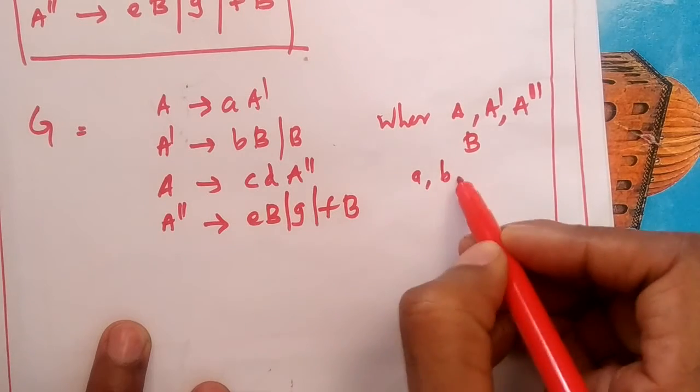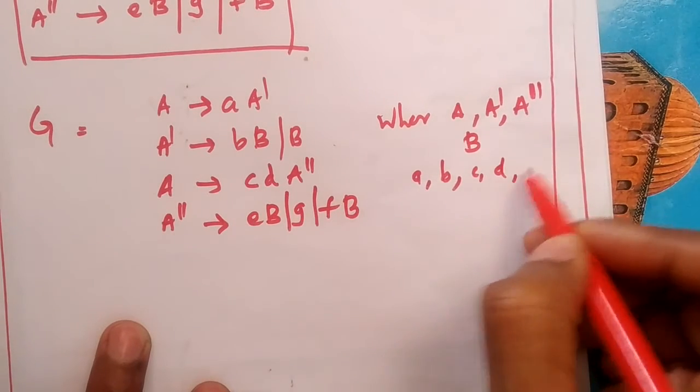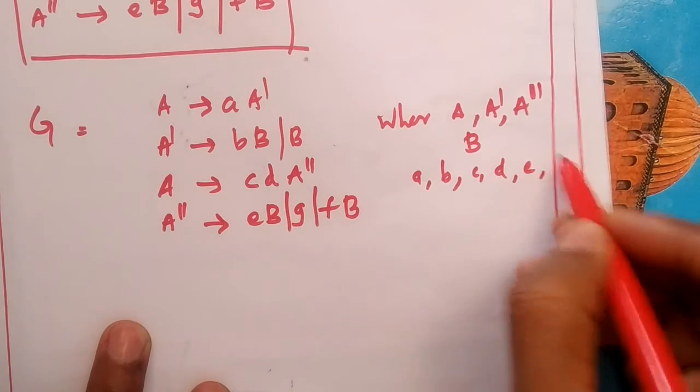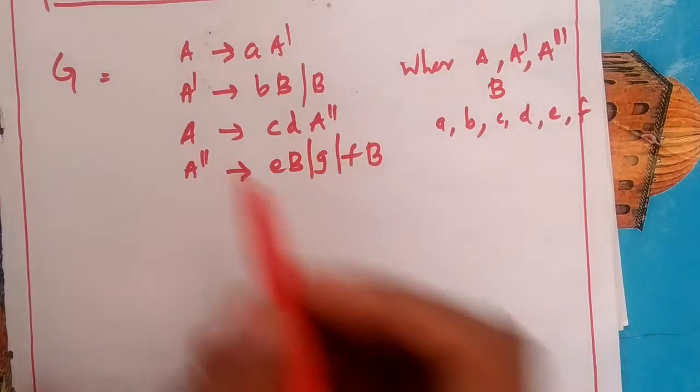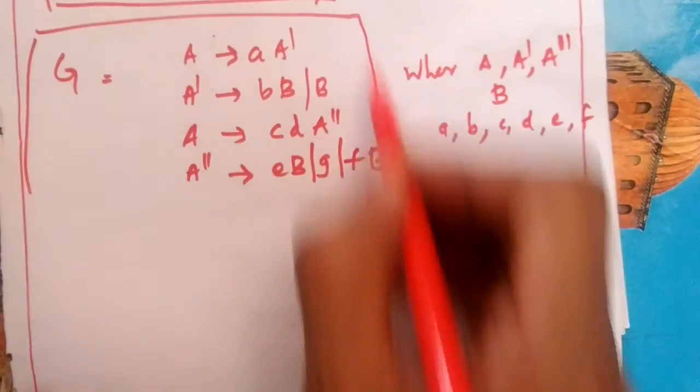Small letter a, b, c, d, e and f are all terminal symbols. This is the final left factored grammar.